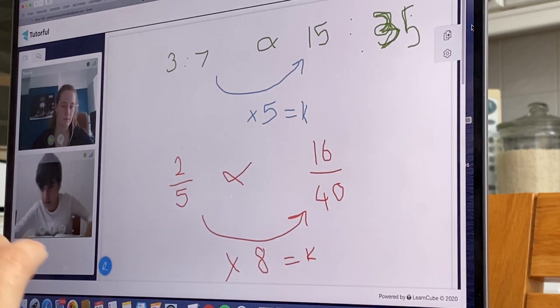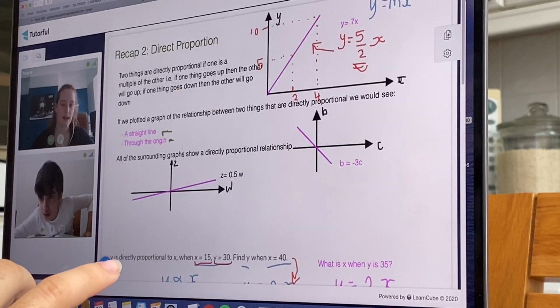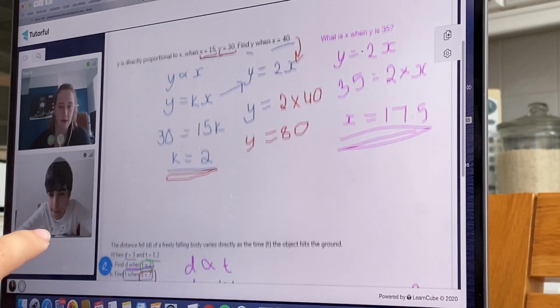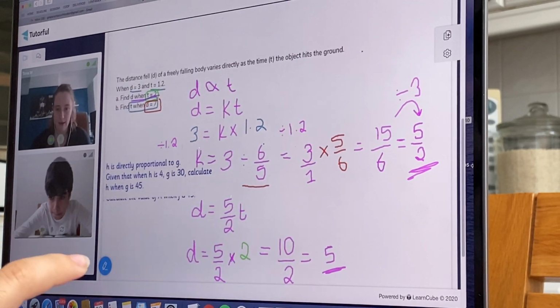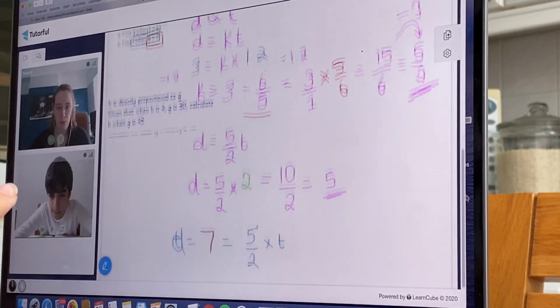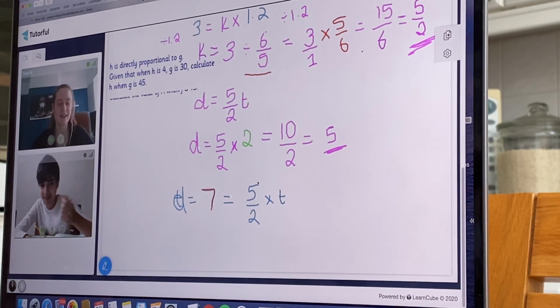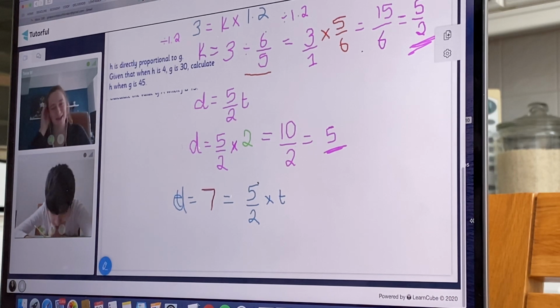And that's all we're saying for these ones, that there's 5/2 different. Does that make sense? Basically, the answer is yes. We always use the same k value.